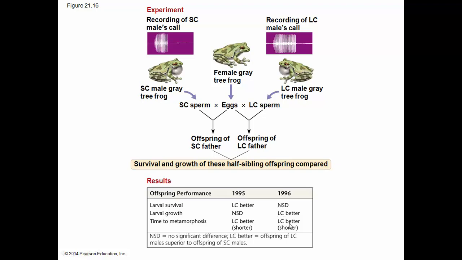So all these characteristics suggest that the offspring of the LC male was improved, so that the female should be selecting for the trait of the call of the LC male. So the LC male's got the good call, it's got the good genes, it has the better offspring. The female wants that, so she selects for that trait, a secondary sex characteristic of the male.